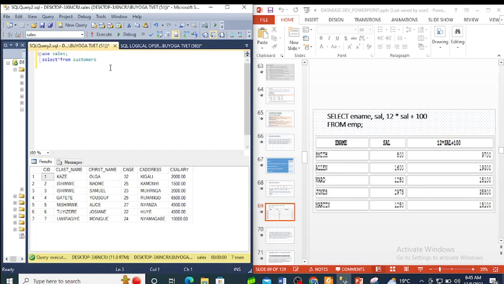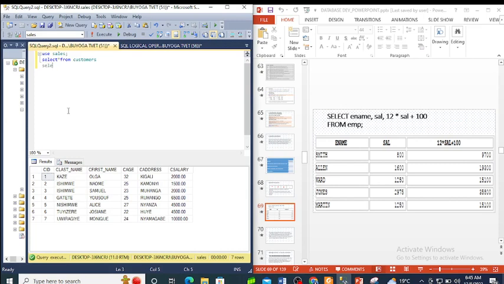Now we are going to select three columns. Number one, we want the names of the customer.